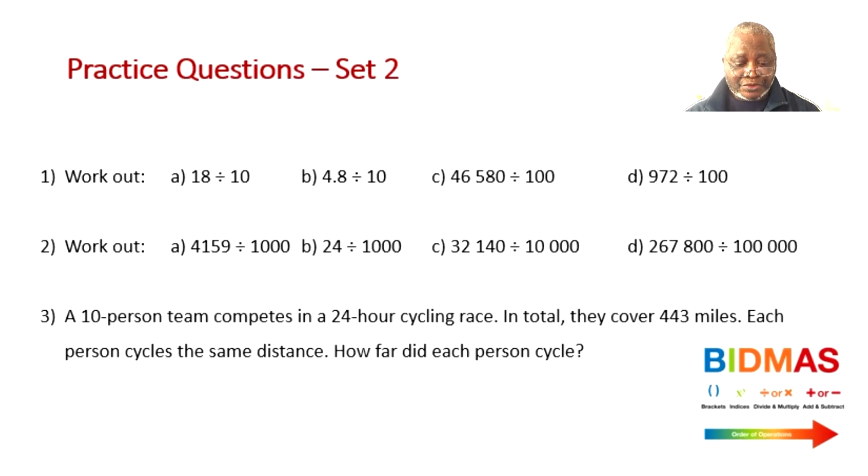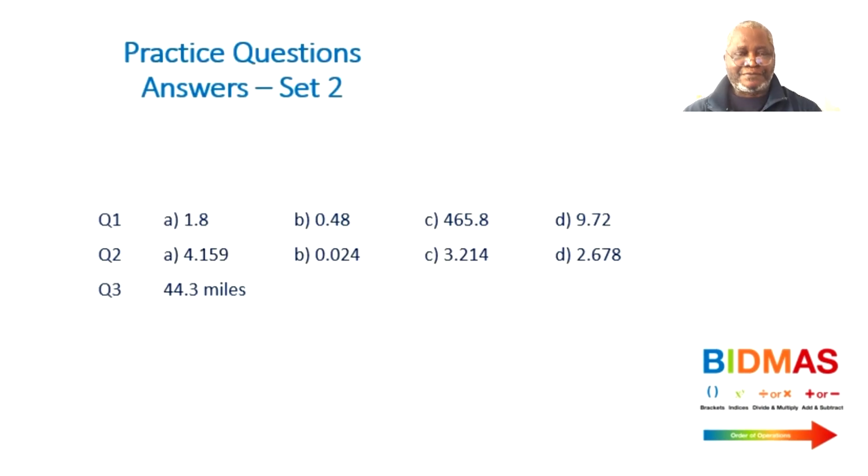The key factors here are a 10-person team, that is, there are 10 people. And then the other key factor is they covered 443 miles. I've given you enough clue. You can work it out, I'm pretty sure. And there is your answer. If you did it right, you'll be happy.